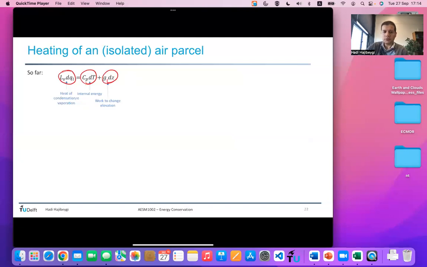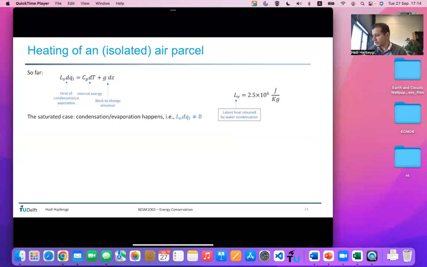Now, we move on to getting to know what is the latent heat released by water condensation. If 1 kilogram of water condenses, it releases 2.5 million joules of energy. That's the value of latent heat for condensation. In the saturated case, when we have condensation or evaporation taking place, we cannot neglect the Lv dq term.